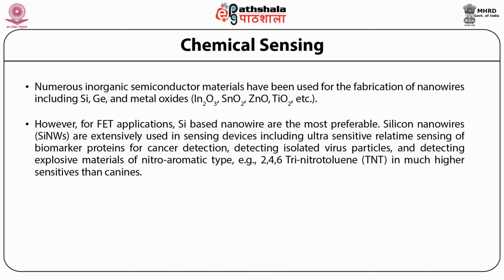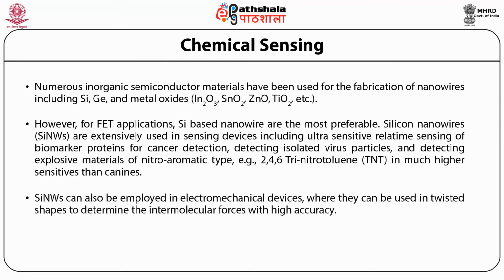Silicon nanowires are extensively used in sensing devices, including ultra sensitive real time sensing of biomarker proteins for cancer detection, detecting isolated virus particles, and detecting nitroaromatic explosive materials, for example, 2,4,6 trinitrotoluene (TNT), with much higher sensitivity than canines. Silicon nanowires can also be employed in electromechanical devices where they can be used in twisted shapes to determine intermolecular forces with high accuracy.